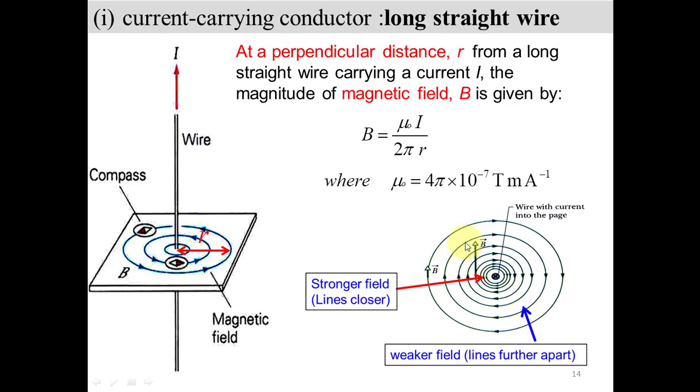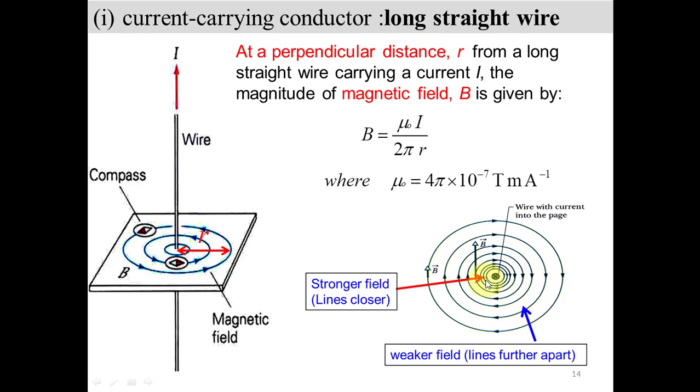In this picture we can see the cross here, which means the current is into the page. When we curl our fingers, the direction of the magnetic field would be clockwise.